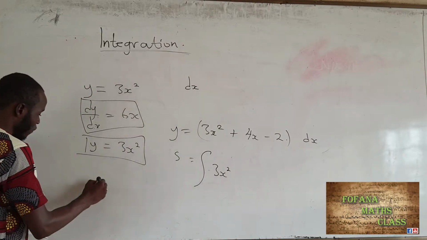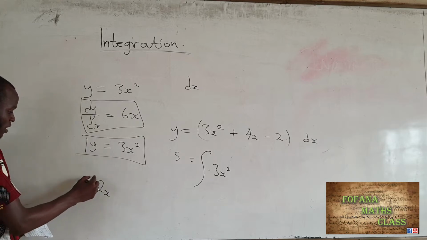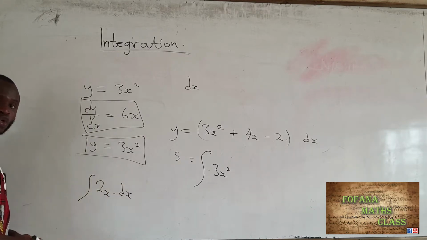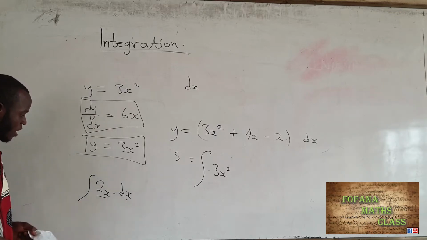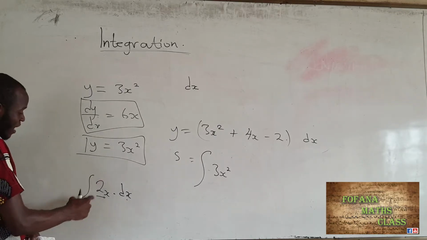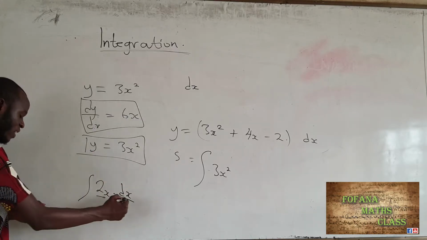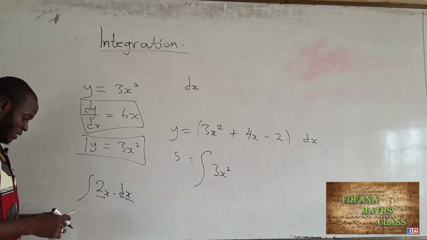Thus, if we have 2x and we are integrating it like this, we attach dx to it, which shows that we are integrating with respect to x. So this is read as the integral of 2x with respect to x.